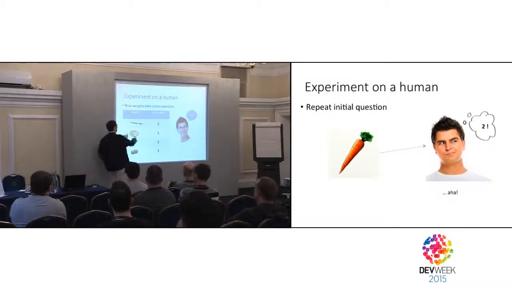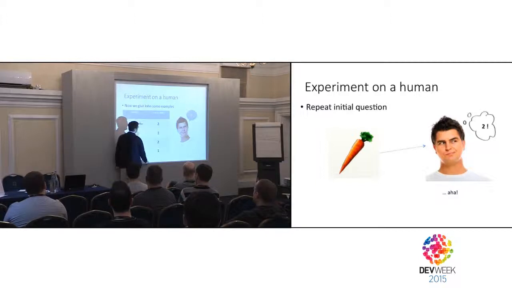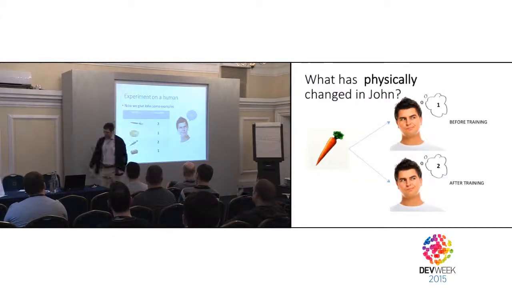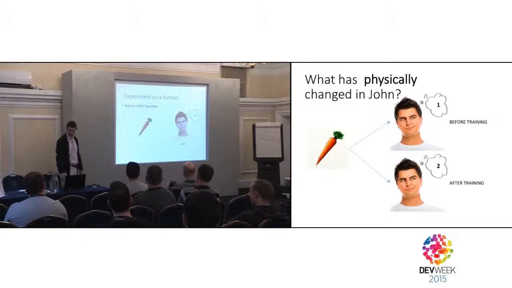We just tell him this object belongs to class 2, and this object belongs to class 1. So John says, OK. Now, the final stage of our mental experiment: we repeat the initial question to John and say, provide the class label for this object. And he says 2.